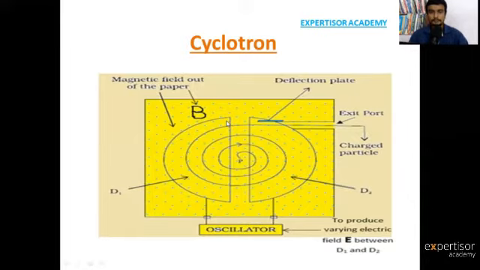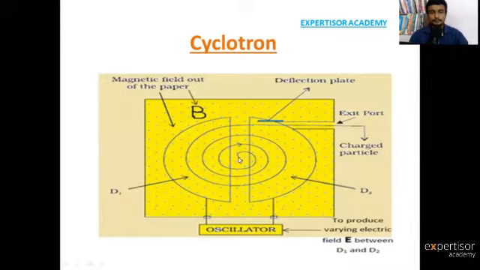And these two D's are connected with the oscillator. It produces a varying electric field E between D1 and D2. So what is the use of the oscillator here? This oscillator produces the electric field E between D1 and D2.